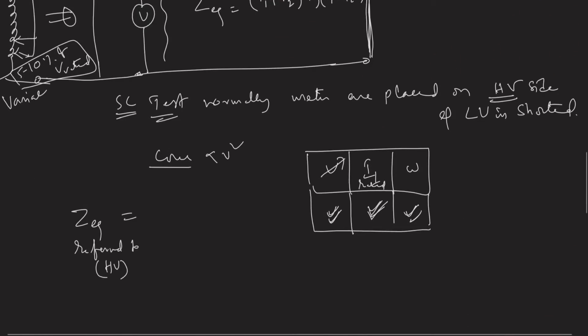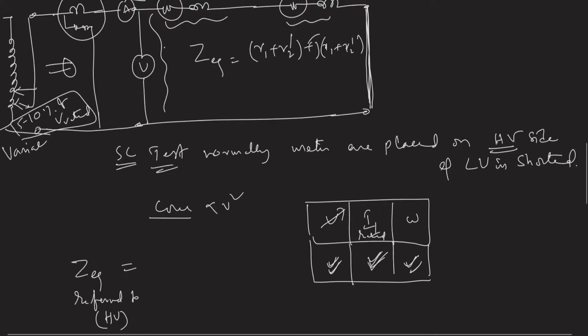Now Z equivalent is simply the short circuit voltage we have applied, divided by the current. This is the short circuit current, rated current or short circuit current, whatever it may be, right?